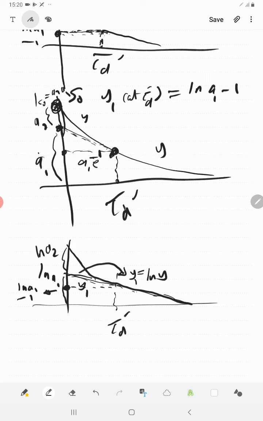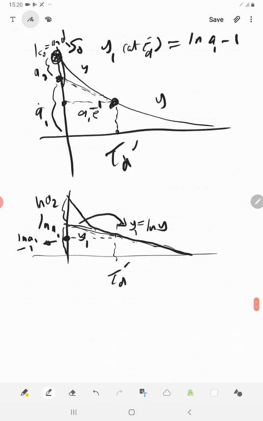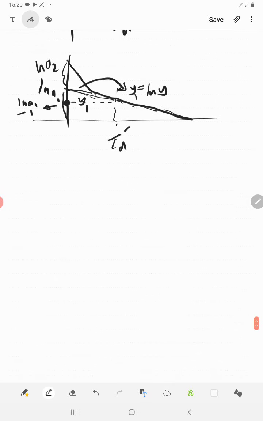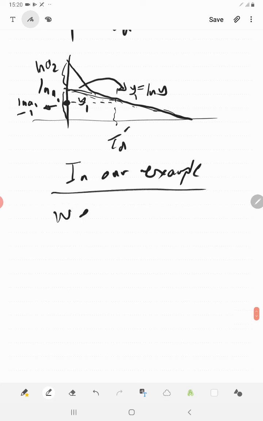If you go back to your notes and check the synchronous part of your project, in our example we have I steady state equal to 1.